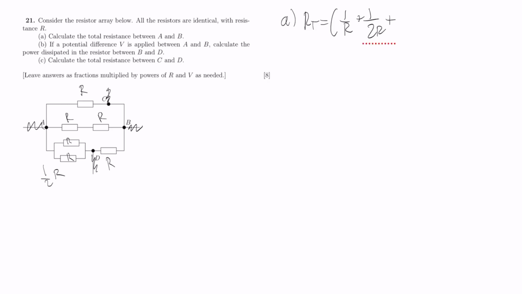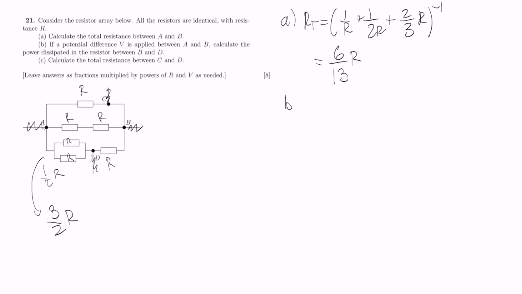So for the lowest branch, 3 over 2R. So 1 over that will be 2 over 3R, like that. Raise all of it to the power of -1. Okay, so if we were to work these out, we're going to get around 6 over 13R, like that.